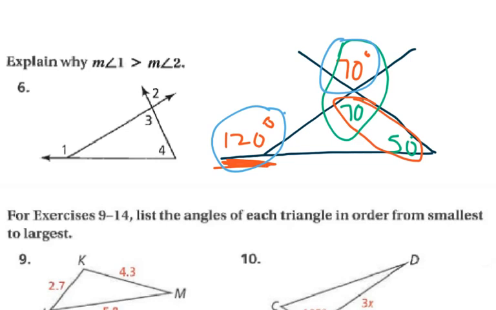We're done. If you were saying it out loud, you would say, well, 3 and 4 add up to be the measure of angle 1, and 2 and 3 are equal because they're vertical. So 2 cannot be larger than 1 because 2 plus 4 equals 1. I hope that makes sense.